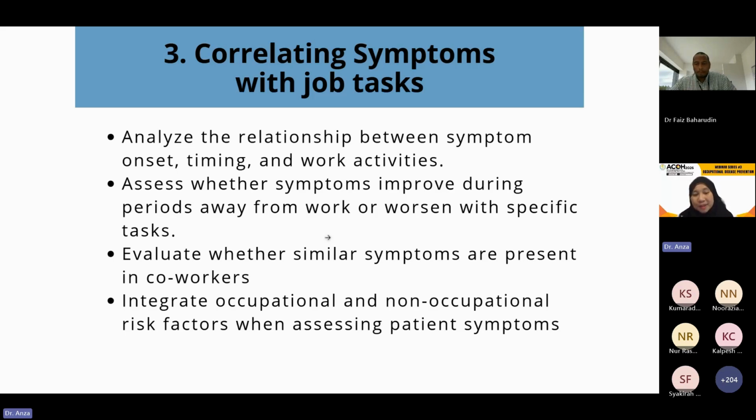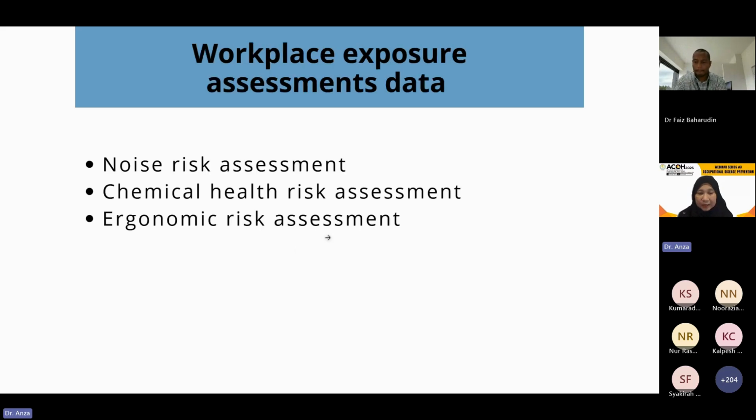Then we integrate the occupational and non-occupational risk factors to come up with a conclusion.